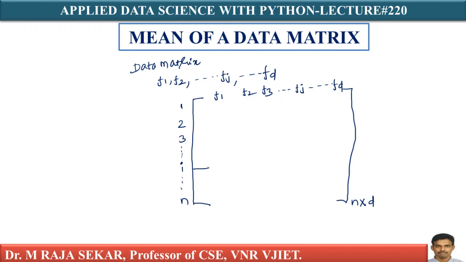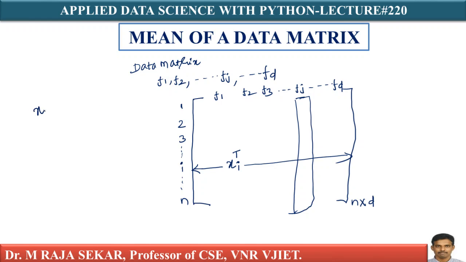How can I represent my ith row? By default xi is a column vector, so xi transpose is a row vector. What is my jth feature? Fj is known as my jth feature, which we already discussed, isn't it? It's not a new thing. What is my ith data point?